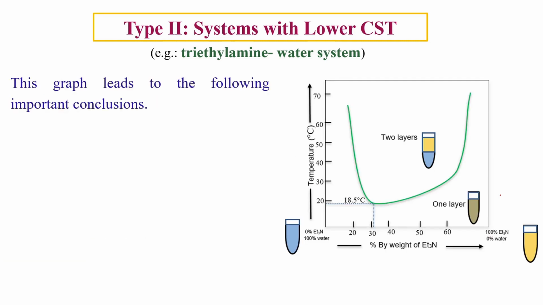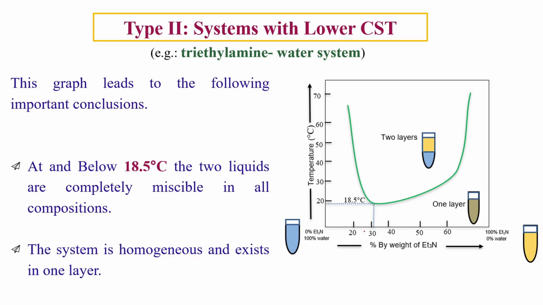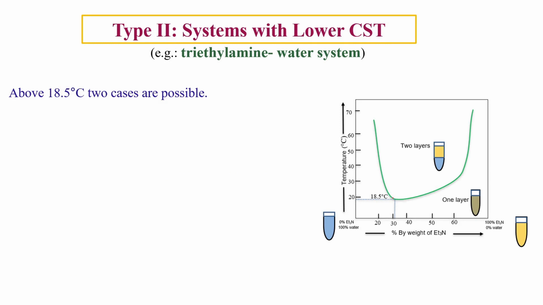The systems that follow lower CST show similar graphs like this. And this graph leads to the following important conclusions. At and below 18.5 degrees centigrade, the two liquids are completely miscible in all proportions, and the system is said to be homogeneous and exists in one layer.